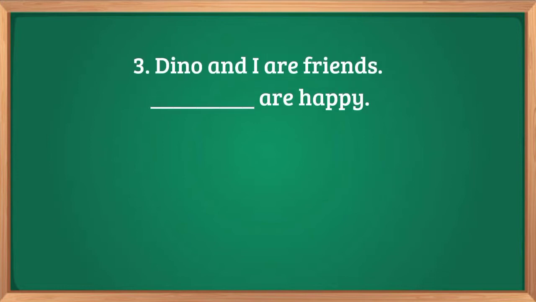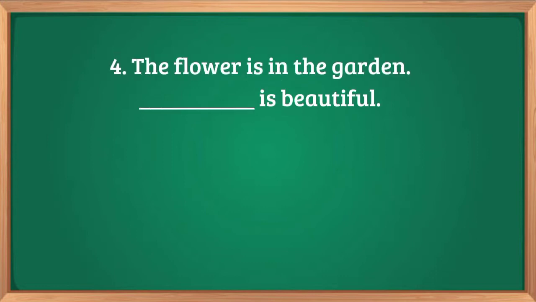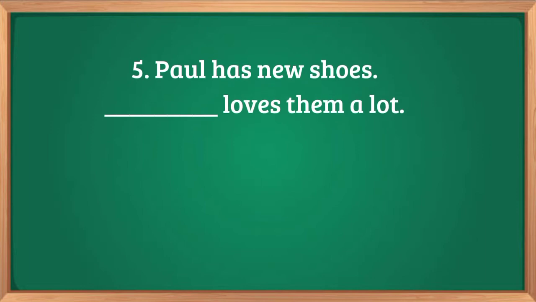Dino and I are friends. Blank are happy. The flower is in the garden. Blank is beautiful. Paul has new shoes. Blank loves them a lot.